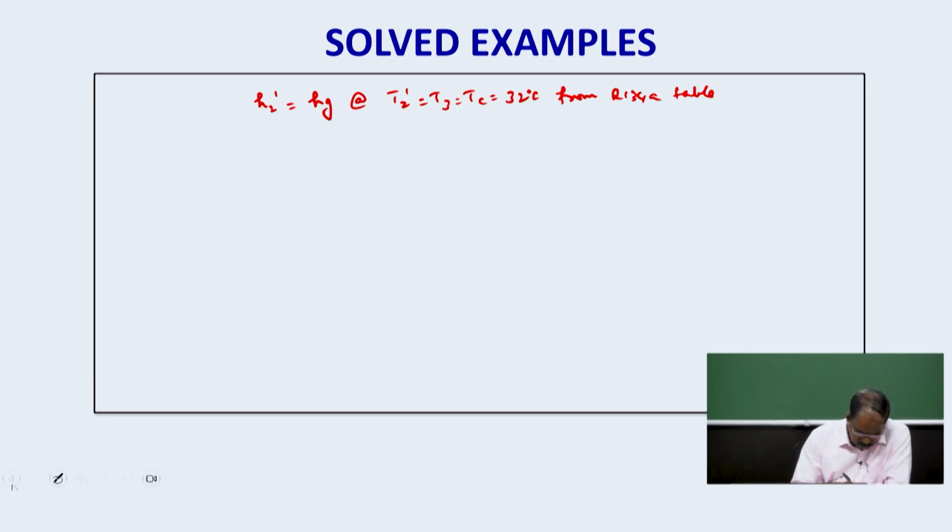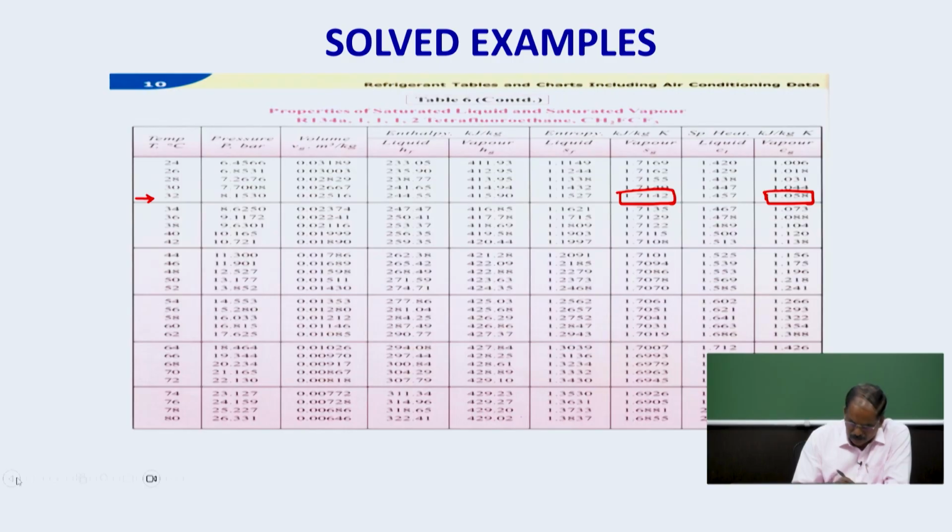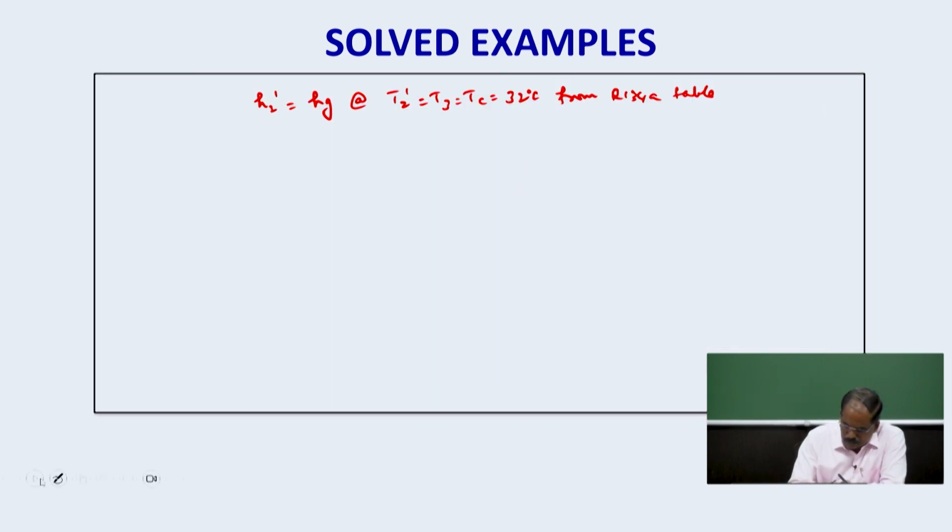So let us take the value corresponding to 32. This is liquid enthalpy, this is vapor enthalpy, 415.9. So the enthalpy at 2 dash is equal to 415.9 kilojoule per kg.